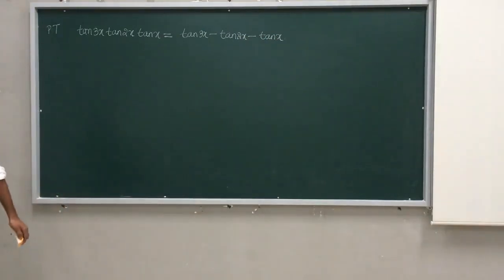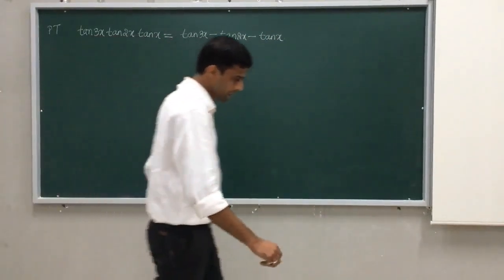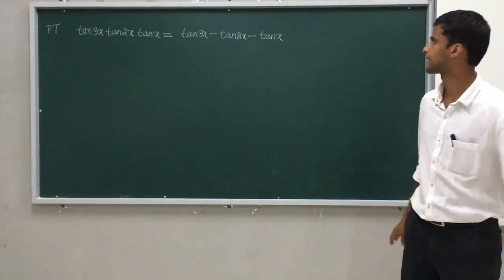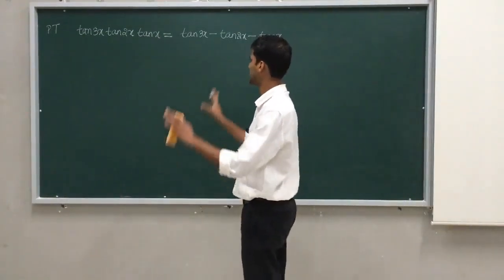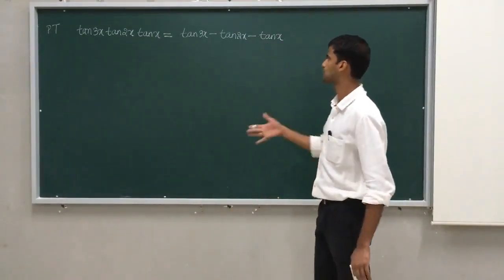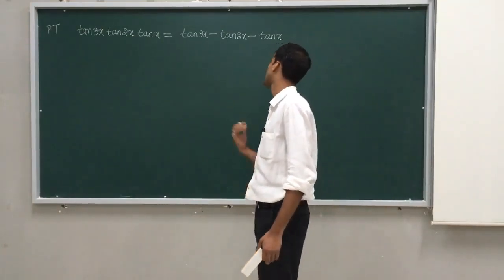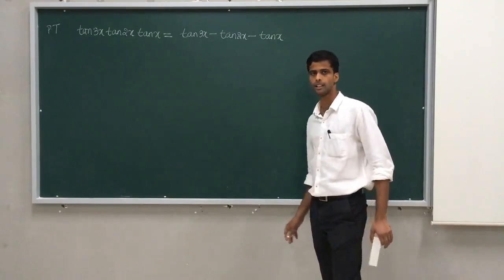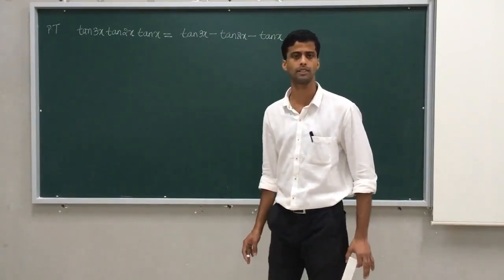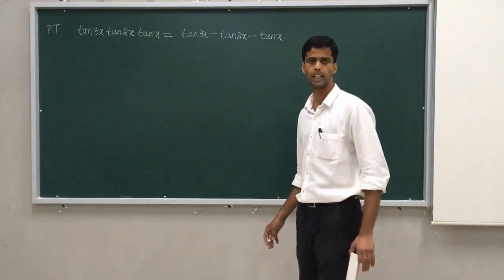This is a question where we expect an answer in this way. They want you to prove tan 3x, tan 2x, tan x is equal to tan 3x minus tan 2x minus tan x. You might have got some clue about what procedure you will follow to get the answer.